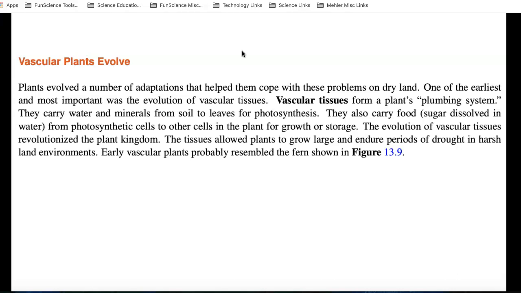It also carries food, sugar dissolved in water, from photosynthetic cells to other cells in the plant for growth and storage. A really important adaptation was the plumbing system. We're going to talk a little bit later in the chapter about xylem and phloem. Those are the names of those pathways, that plumbing system inside of plants. We'll see that in a couple seconds.